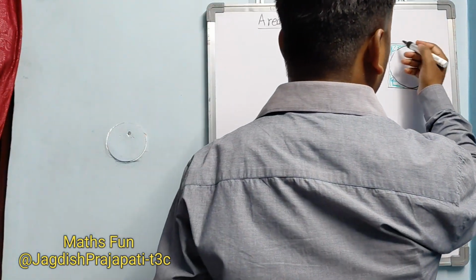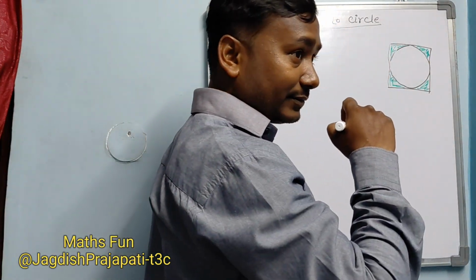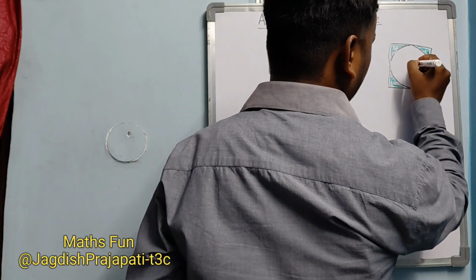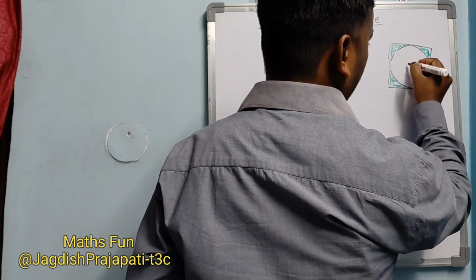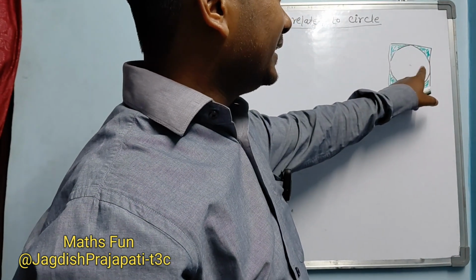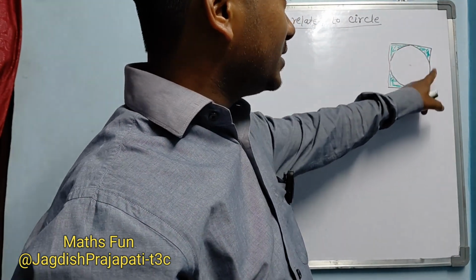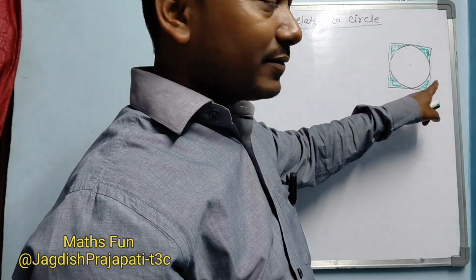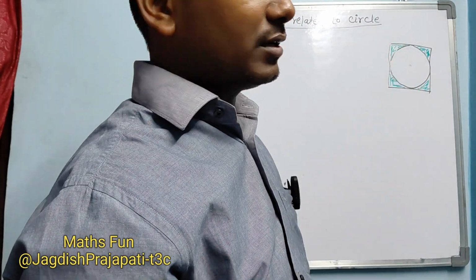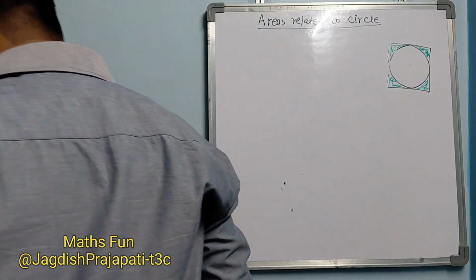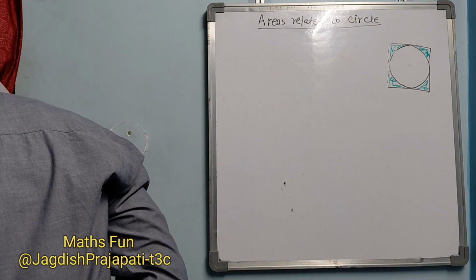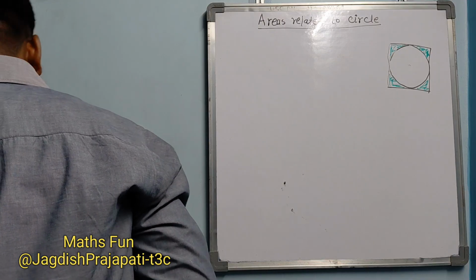So this is a square, so we can find out the area of the square, and this is a circle. So if we can find the area of the circle, then in order to find out the area of this remaining part, we have to subtract the area of the circle from the area of the square. Okay, so something is given here. Radius of the circle is given.